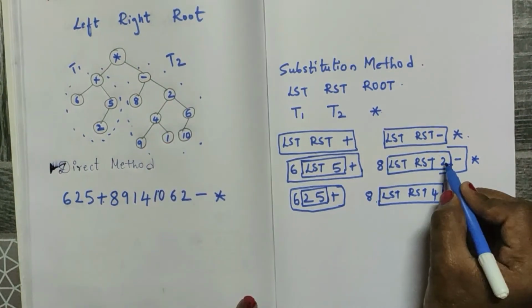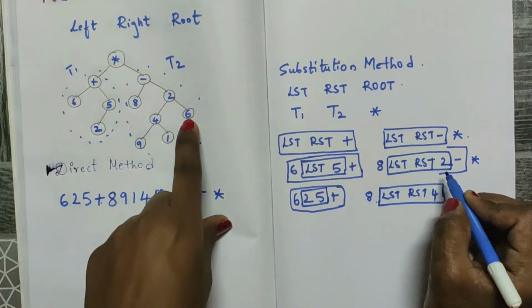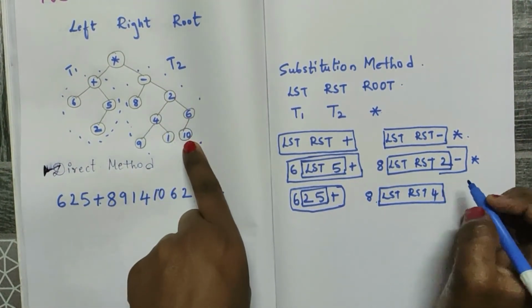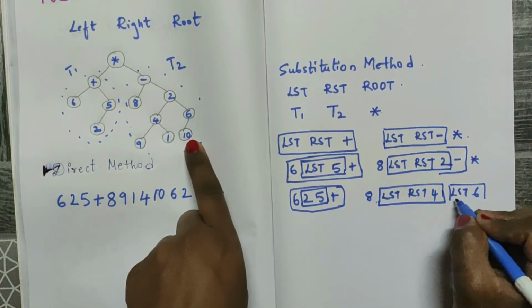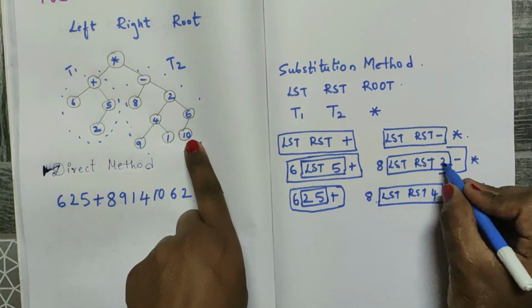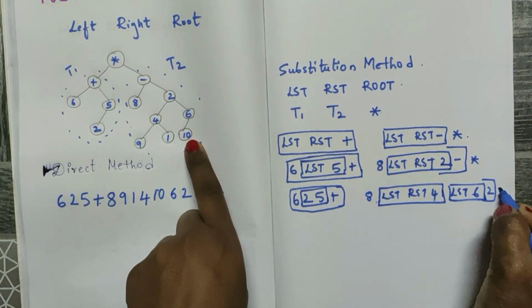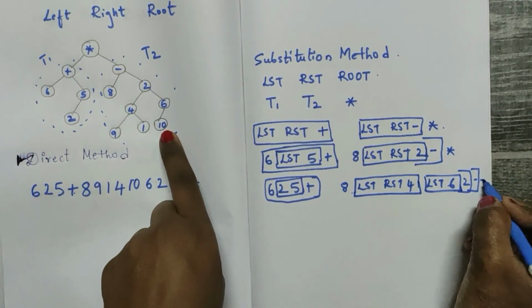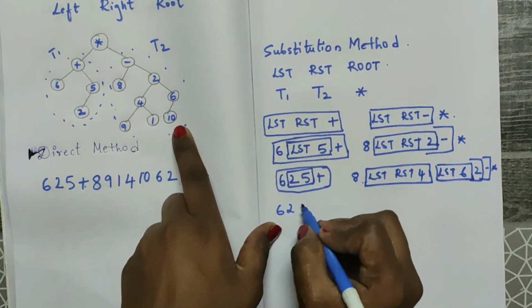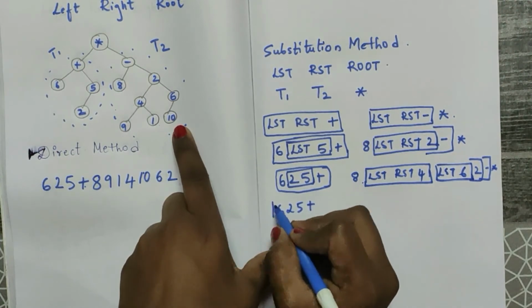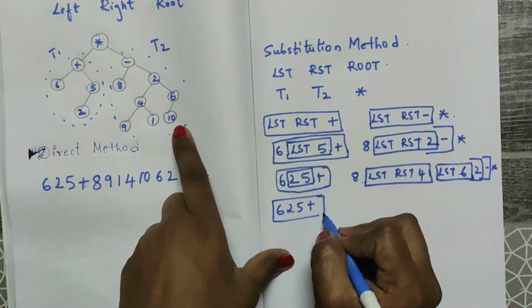And now your 2's RST is 6, but this 6 again has an LST. So LST 6. So this will be in a single box. And now your 2, then your minus, and then your star. Fine. Now this one 6, 2, 5 plus. We have found T1. Done everything.